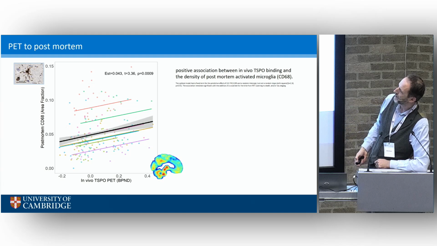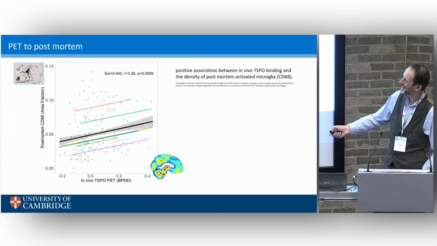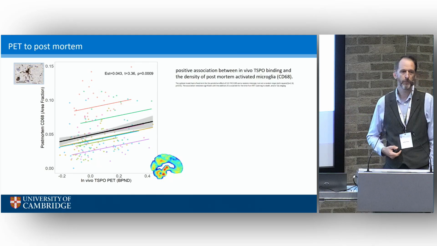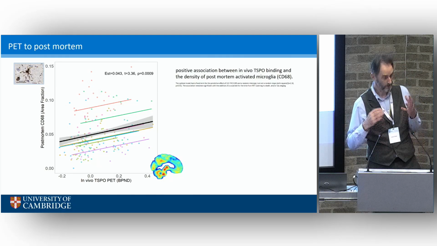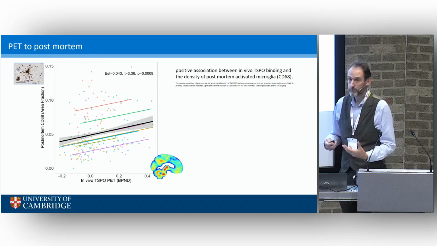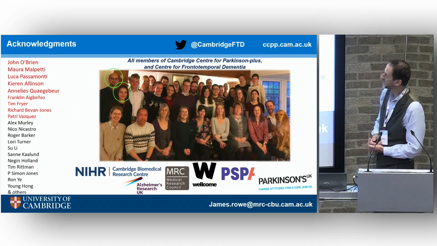Each of the dots is a different brain region, and different brain regions have different impacts of disease. In every case, for every patient, areas with lots of PET signal in their lifetime had lots of CD8 positivity in death. So again, I think that's reassuring evidence that what we see in the PET does relate to microglial activation. So there we are.